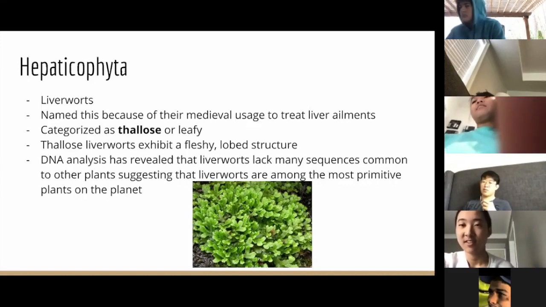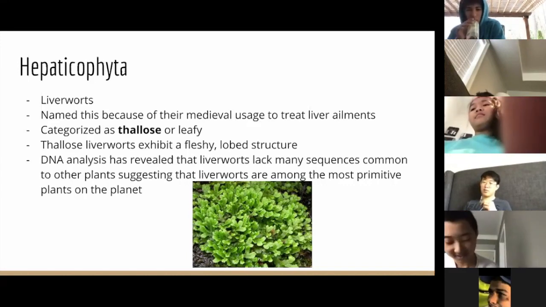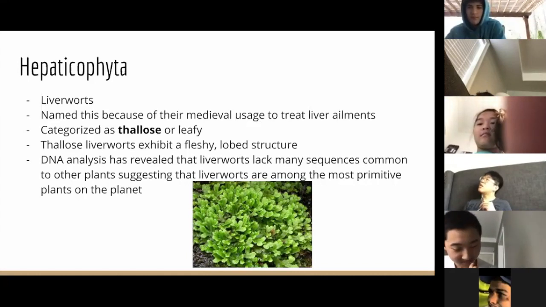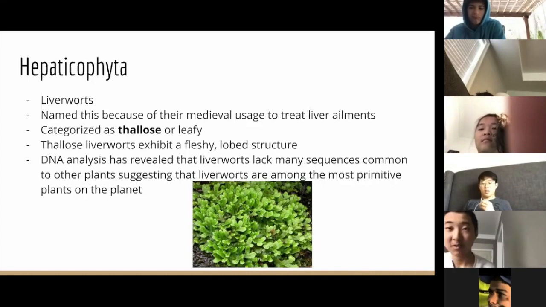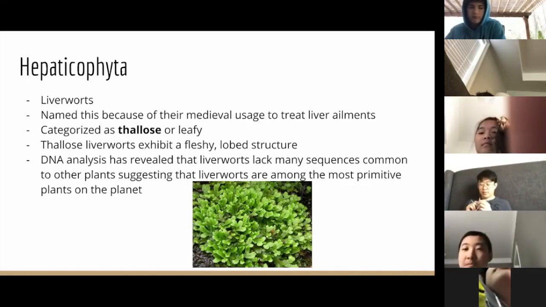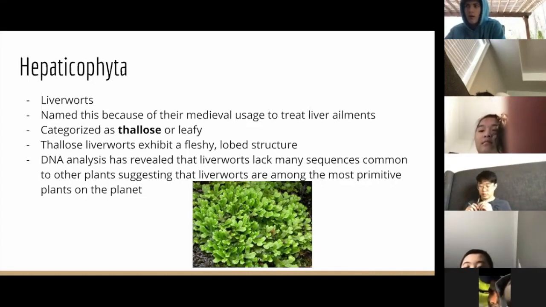Remember liverworts? This is a fun fact. They're named because of what they were used for in medieval ages, which was to treat liver ailments. They're categorized as thallus. That word basically just means leafy, so when you see liverworts, they're just leafy structures.